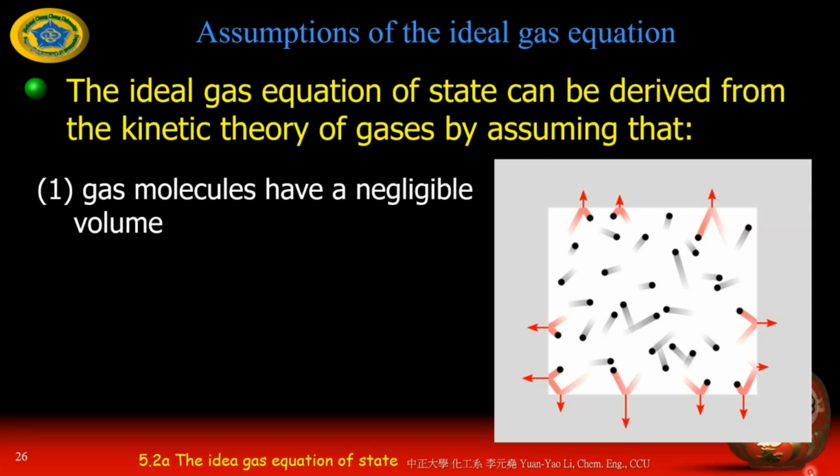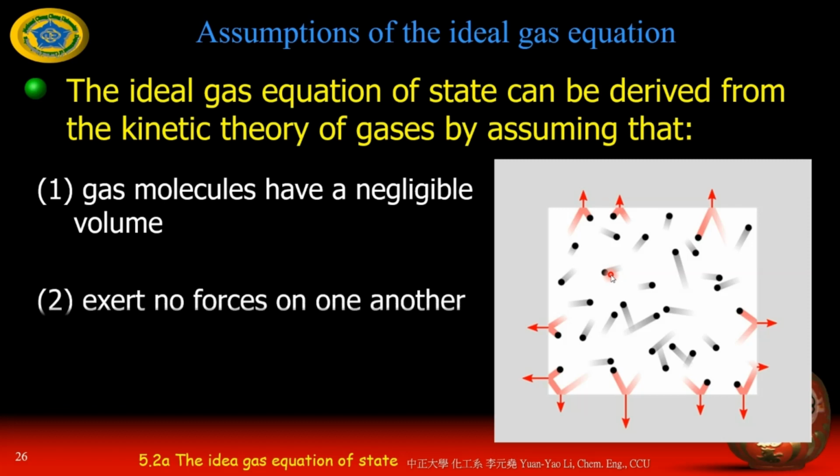There are three assumptions. The first one is that the gas molecule has a negligible volume. That means we regard the gas as having no volume. There's no volume of the molecule.